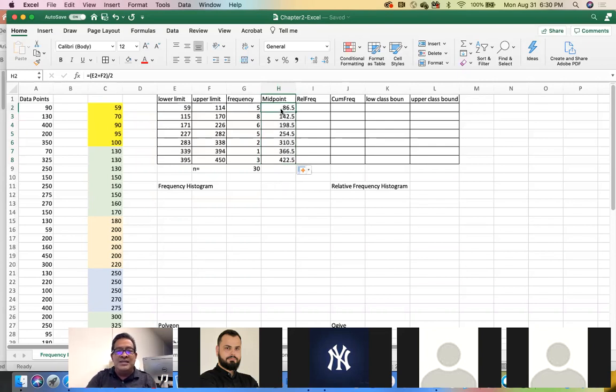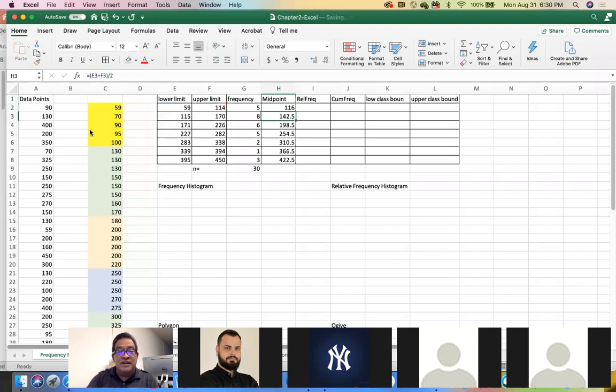So remember, in this case, I am using a formula. I am asking Excel to add E2 and F2 and then divide it by 2, okay? I use parentheses because if I don't use parentheses, look what happens. If I don't use parentheses, I am instructing Excel to divide F2 by 2 and then add it to E2.